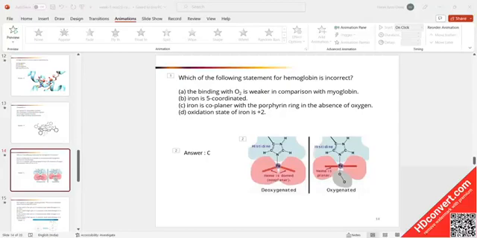Iron is 5 coordinated, or iron is coplanar with the porphyrin ring in the absence of oxygen, or the other option is the oxidation state of iron is +2. Which of the following is the incorrect statement, not the correct statement?